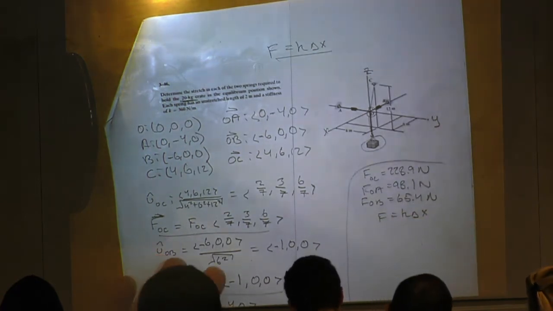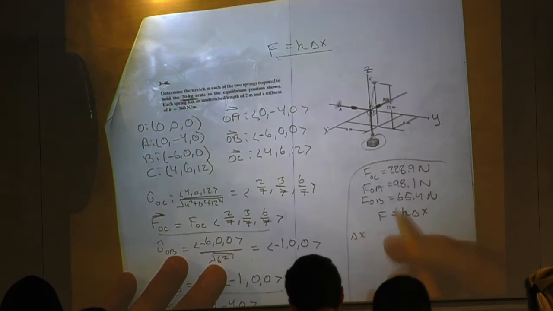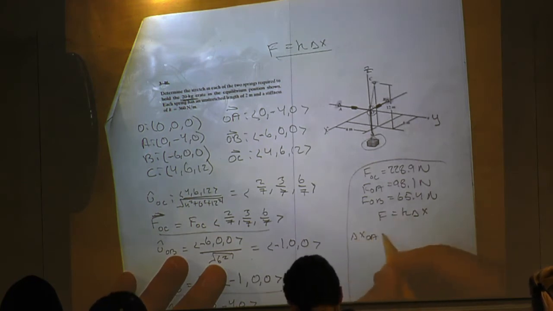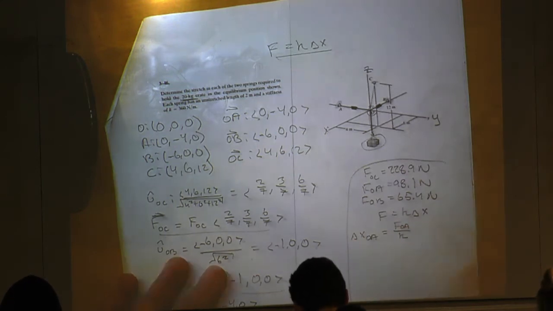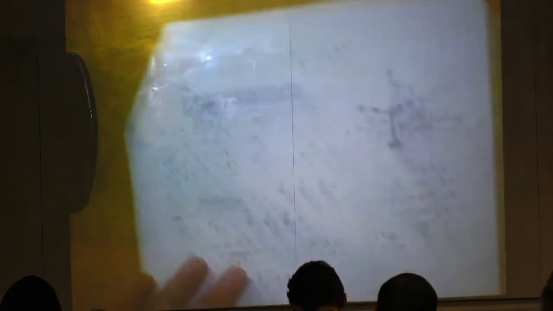And so I can say delta x of OA is equal to the force of OA over my k value. And like I said earlier, my k value is equal to 360 newtons per meter.